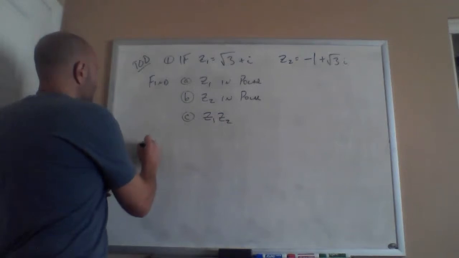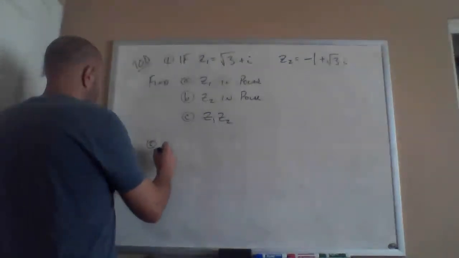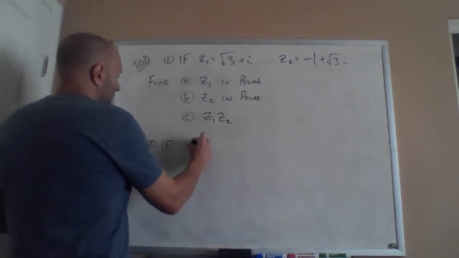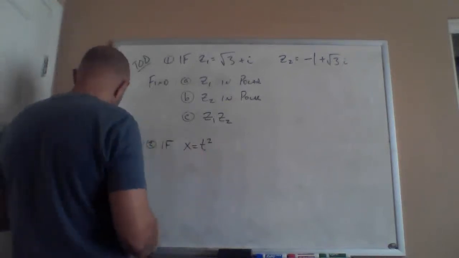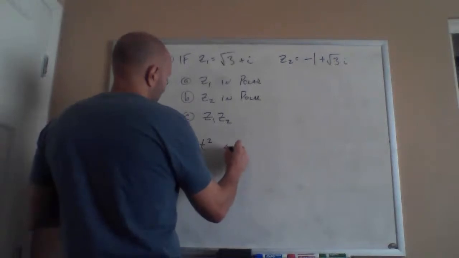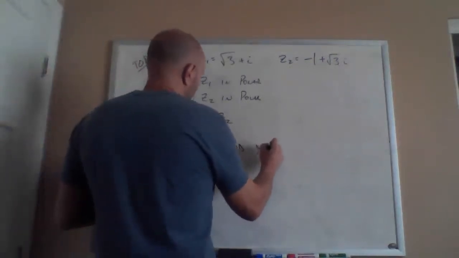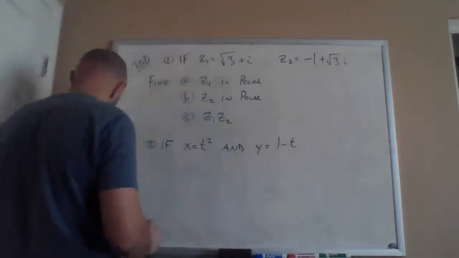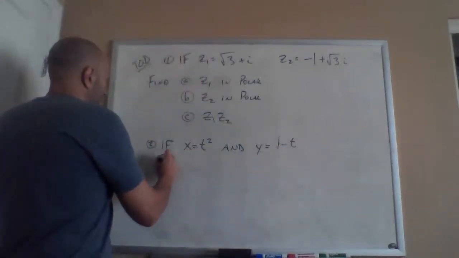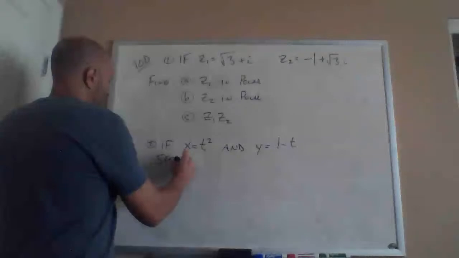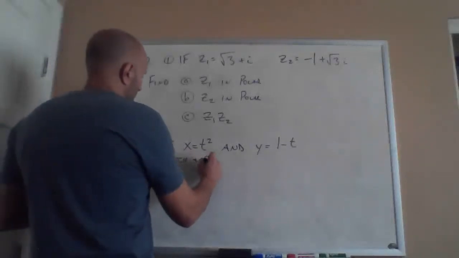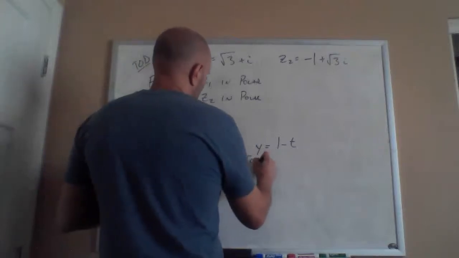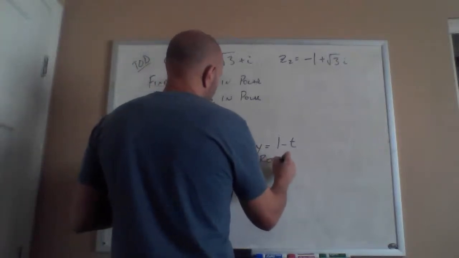Question number 2. If x is equal to t squared and y is equal to 1 minus t, then sketch and then convert to a rectangular coordinate equation.